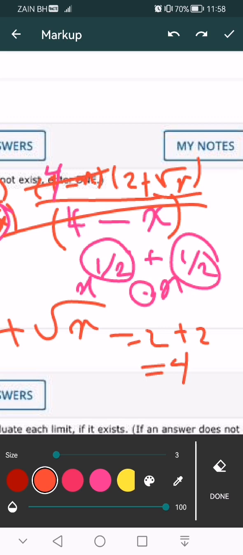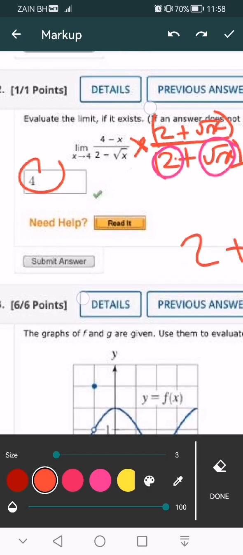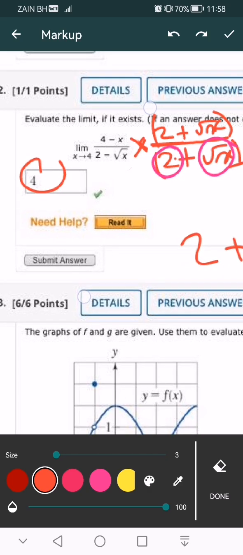So I cancel something that is available in the question, but in the end I get the result. I change the shape of the question, but I am not changing the question itself. So I change the shape of the question to approach the result. So this is the main thing in this type of question: what I can do to minimize the given of the question.